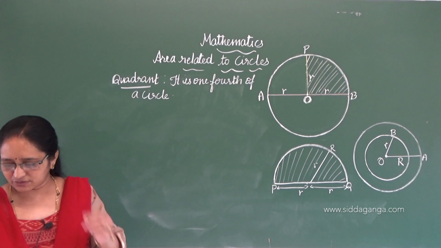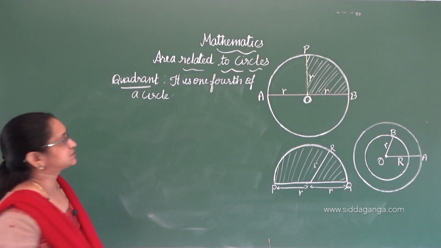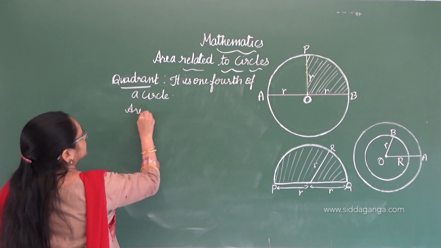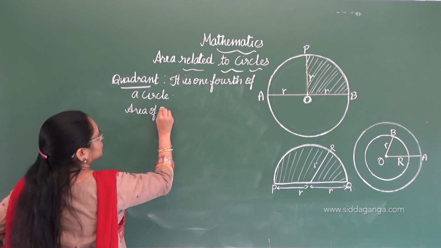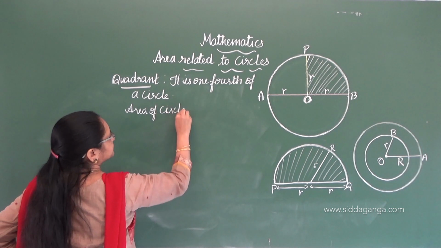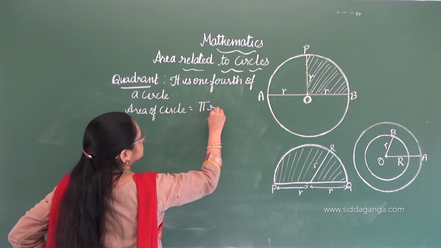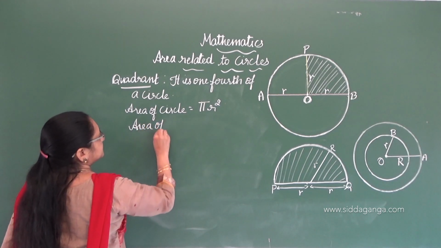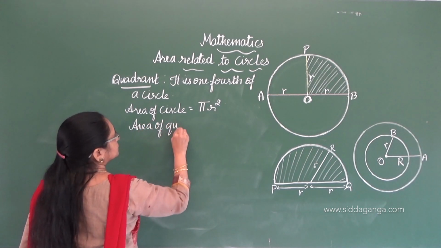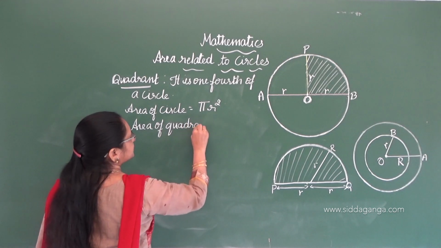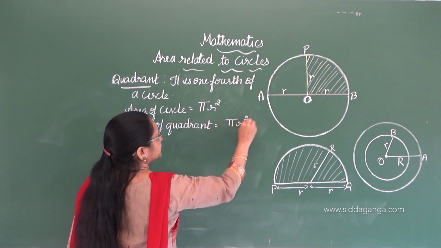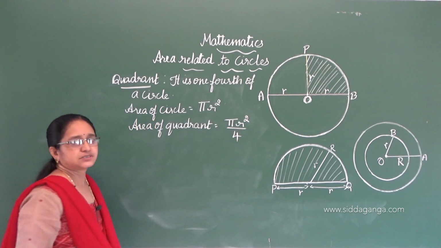You all know the area of a circle is pi r square. So the area of the quadrant means it is 1/4, so pi r square by 4, isn't it?